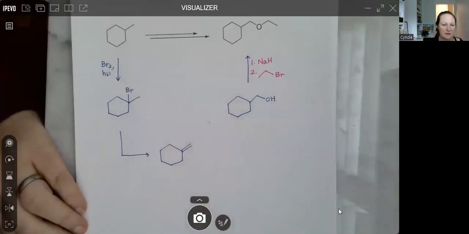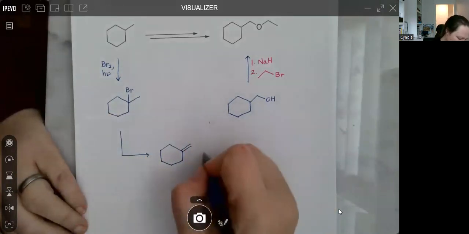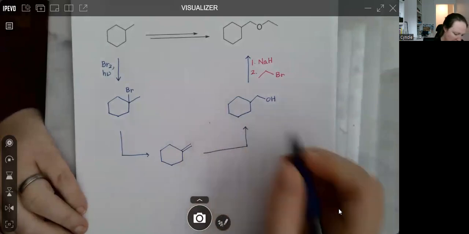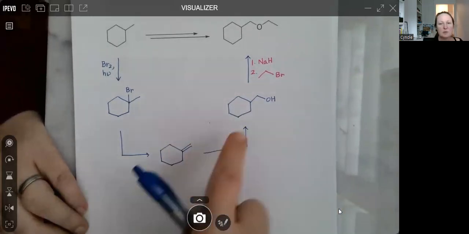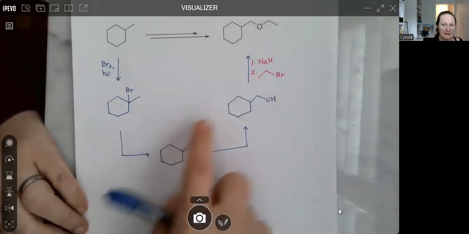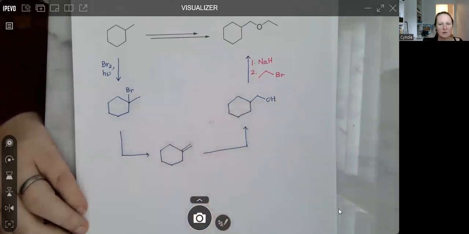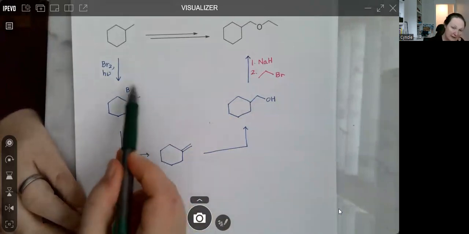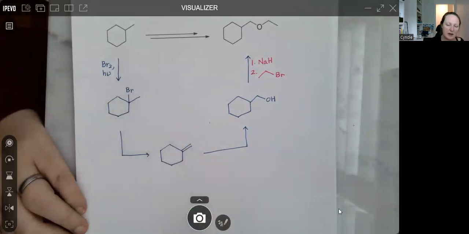In this case, we want to form the Hofmann alkene because that sets us up nicely to be able to do a hydration reaction from the alkene to produce the primary alcohol. And it looks like this is going anti-Markovnikov. So we want to make sure we know the conditions which will allow for that to happen. So first of all, let's do the E2 elimination to form the Hofmann product.